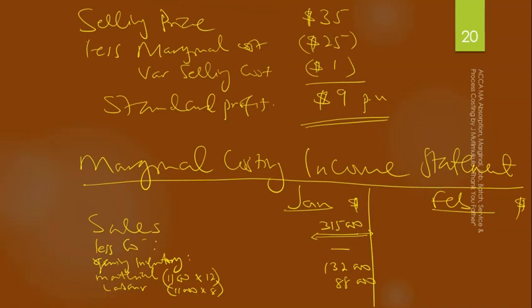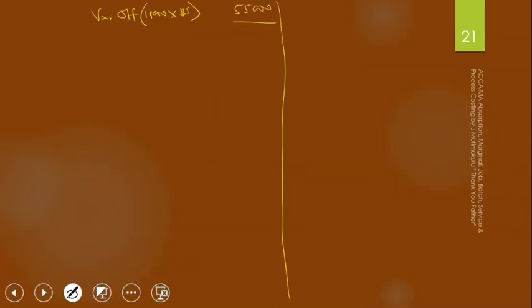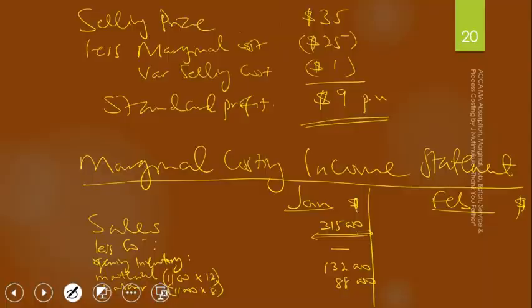All right, then we have to add up these costs. We add up 132 plus 88 plus 55, and we are talking of 275,000.